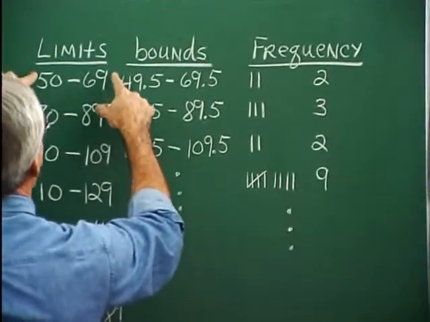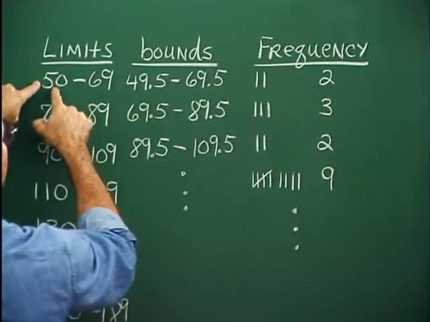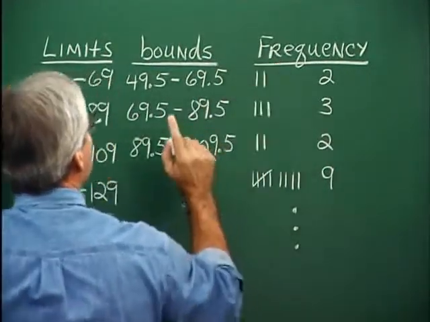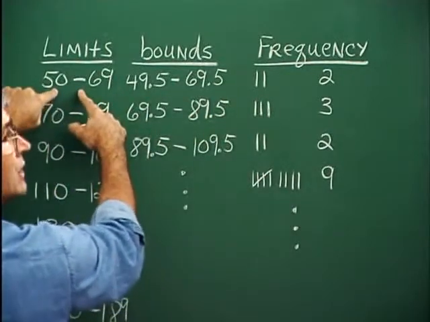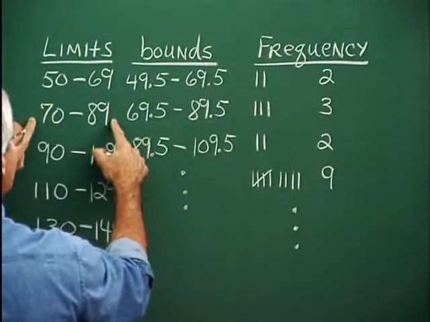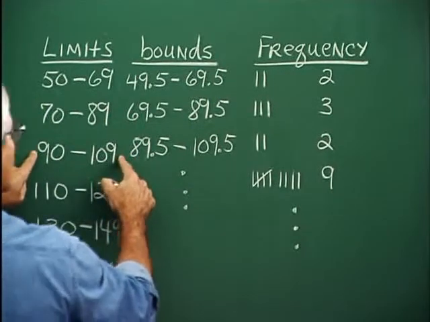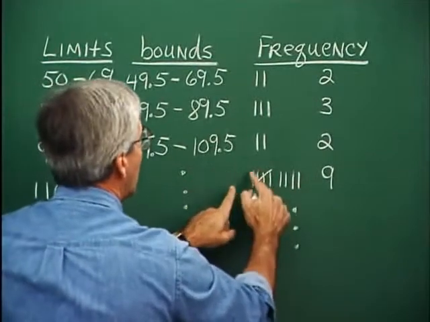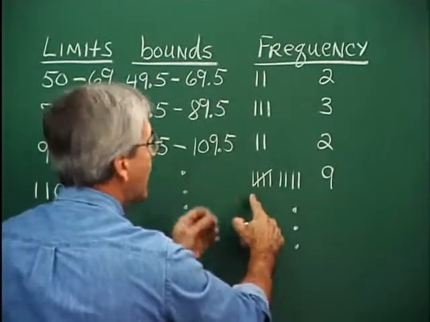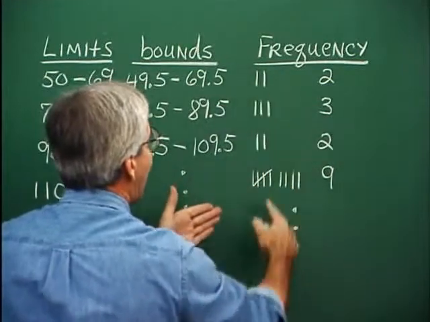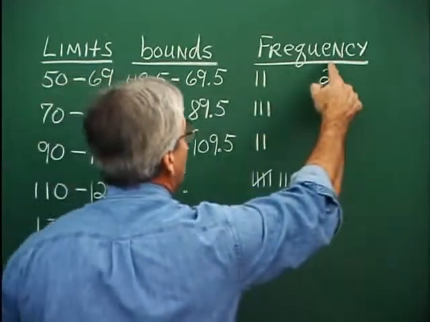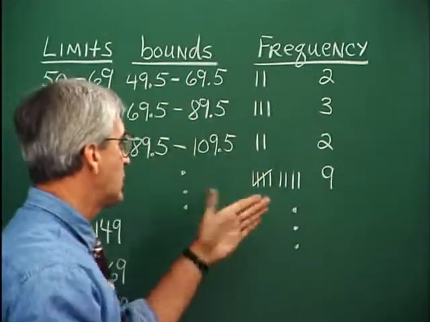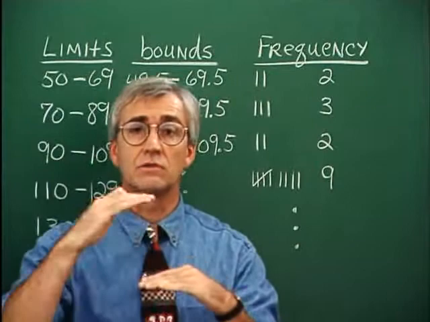You see, the number of scores that fall between 50 and 69 inclusive would be 2. And I just made a mark every time I saw a number that's within this range. And in this range there were 3 values, and in this range there were 2 values, and in this range there were 9 values. And to make the tally marks for 9, I went 1, 2, 3, 4 slash, that's 5, and then 1, 2, 3, 4. And then after the tally marks are made, you just count them up, and you have a frequency. And that allows you to understand how tall to make those bars.